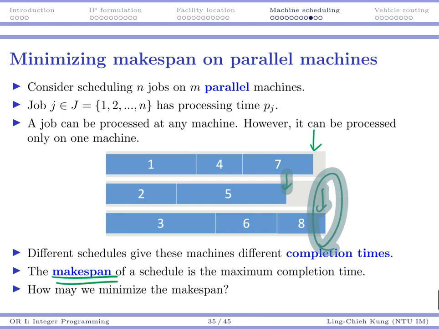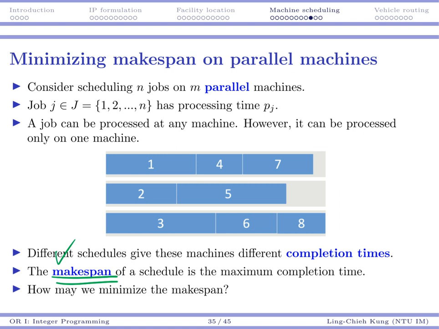Basically, it's the same: the latest completion time for a job or for a machine. That's our target. We want to minimize Makespan, or balance the loading for all the machines. We want to make sure that all the machines are doing a similar amount of work.